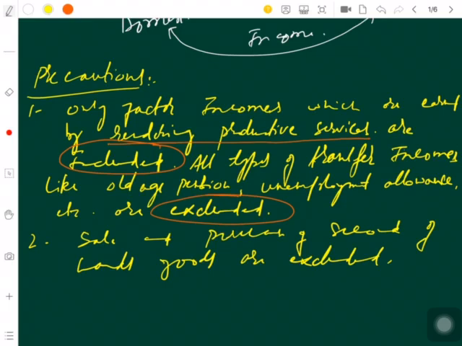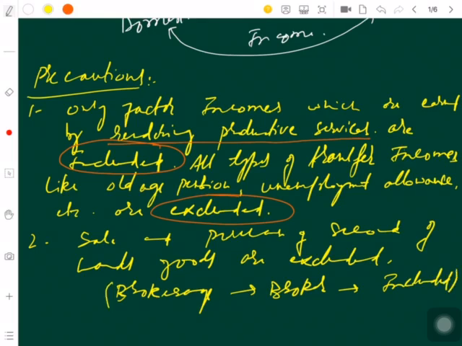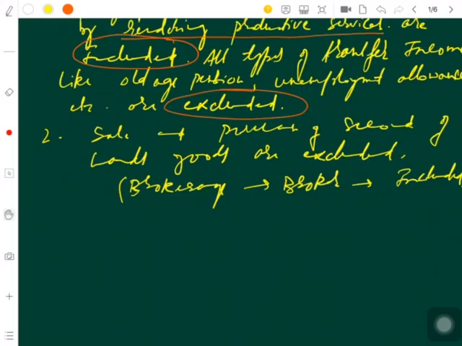Say I have given an example of a car which I sold after using for 2 years. The value of that car is not to be included, while the brokerage which a broker earned on it is to be included, because it is something new. It is his income in this very particular productive or financial year.